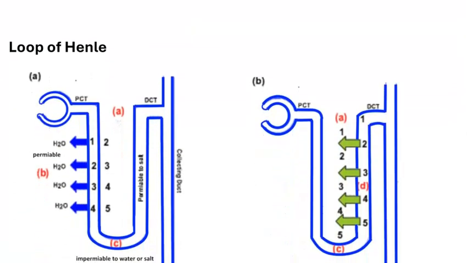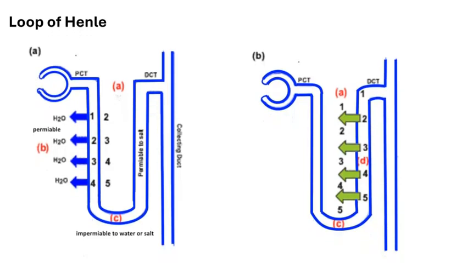So the loop of Henle, it should be pronounced Henle, I understand, is the loop which goes from the cortex down into the medulla region of the kidney and the pyramids. Within the tissue of the cortex, as we move from the outside of the kidney, if I just draw a quick sketch here of a kidney, like this, the cortex is on the outside and the medulla is in here.